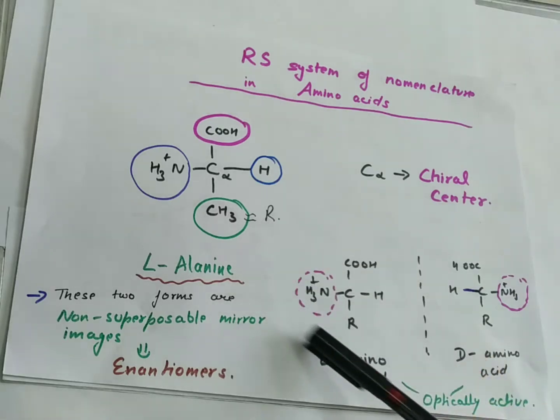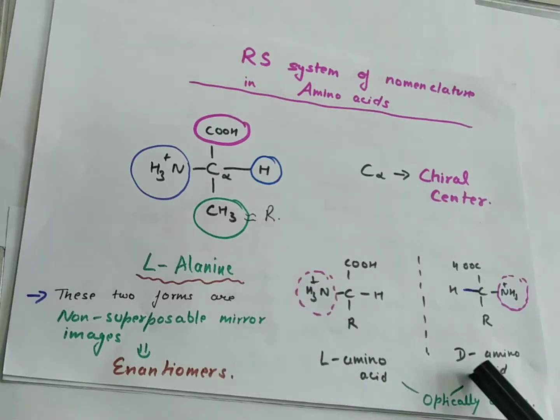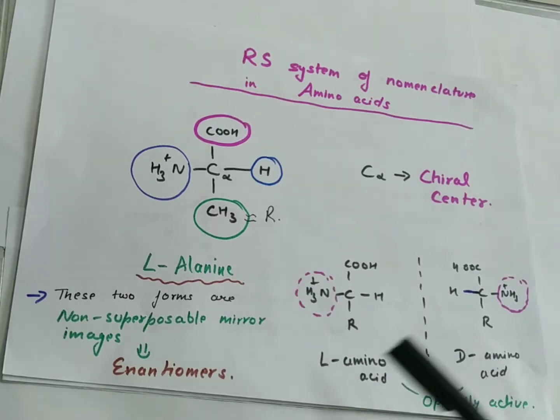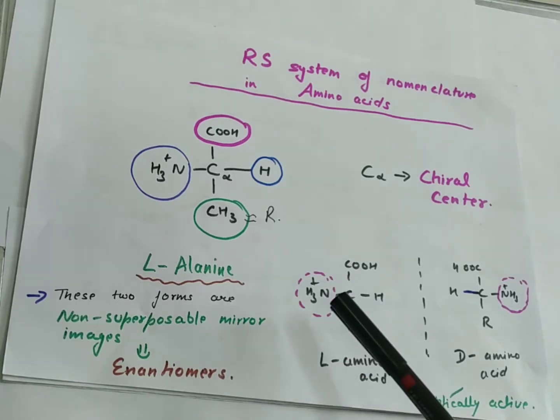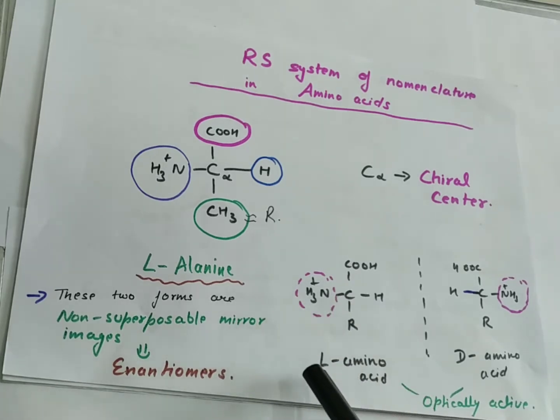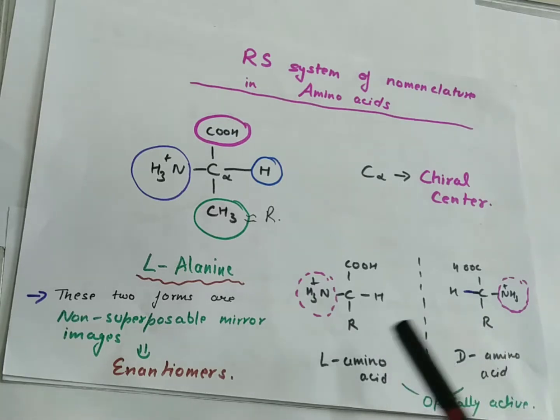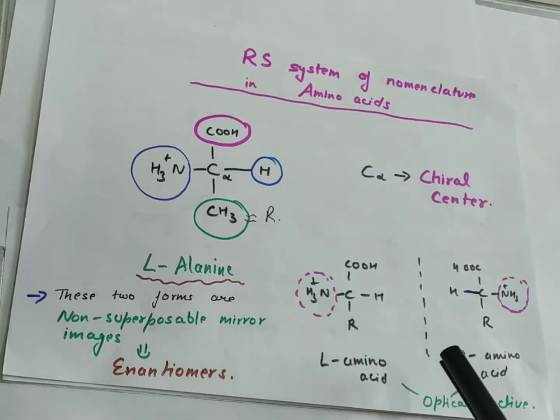One form is called L, another form is called D. This is called L because here the amino group is on the left side. This is called the D form because the amino group is on the right side. Both of these images, L and D, are non-superimposable mirror images, so they are called enantiomers.